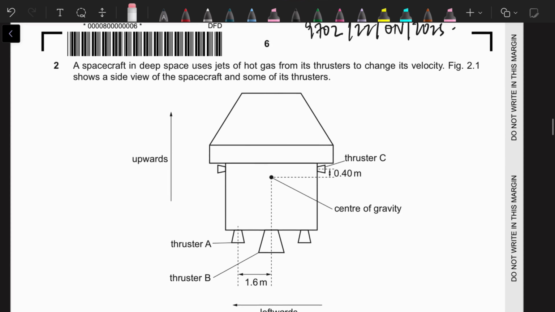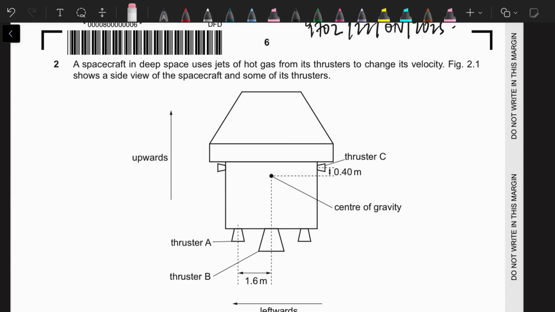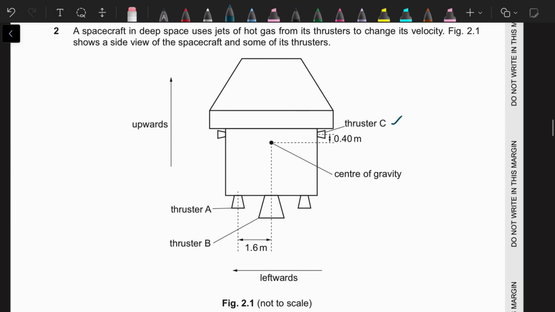Okay, so a spacecraft in deep space uses jets of hot gas from its thrusters to change its velocity. Figure 2.1 shows a side view of the spacecraft and some of its thrusters. So we have thruster C here, thruster A here, thruster B here. And they've given you the center of gravity, that's nice.